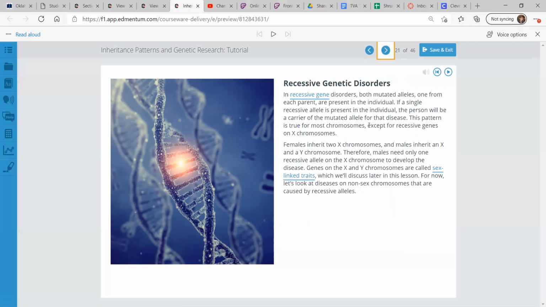Females inherit 2 X chromosomes, and males inherit 1 X and 1 Y chromosome. Therefore, males need only 1 recessive allele on the X chromosome to develop the disease. Genes on the X and Y chromosomes are called sex-linked traits, which we'll discuss later in this lesson. For now, let's look at diseases on non-sex chromosomes that are caused by recessive alleles.